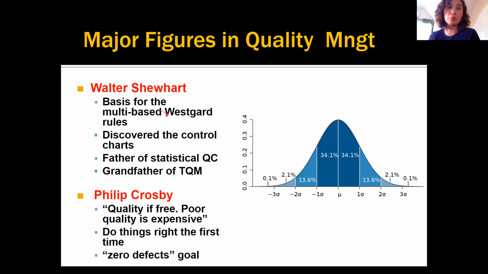Okay, because of what Walter Shewhart did, he is the father of statistical quality control because he applied statistics on quality control, and he is the father of total quality management because of his discovery. So the quality control charts started from this. Okay?